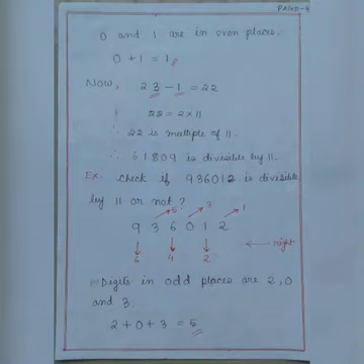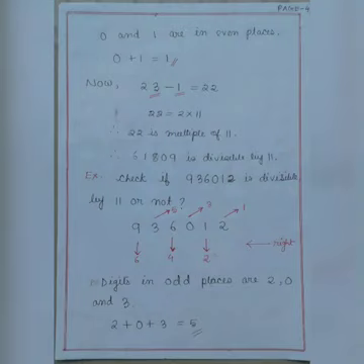We get 1. Now from 23 we have to subtract 1. That is the sum of the digits of odd position minus sum of digits of even position. We get 22. 22 is what? 2 into 11.